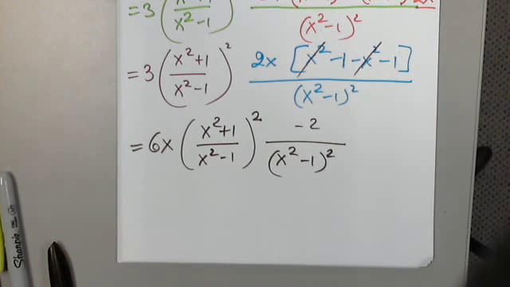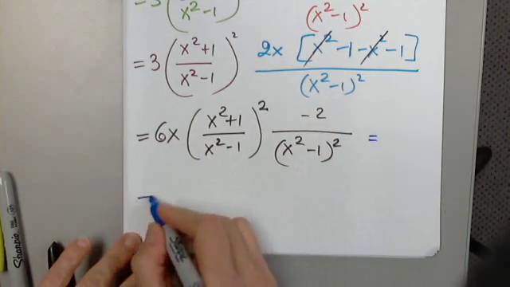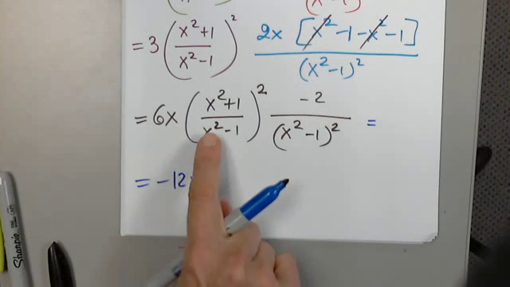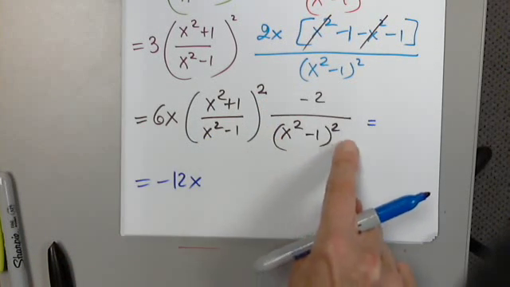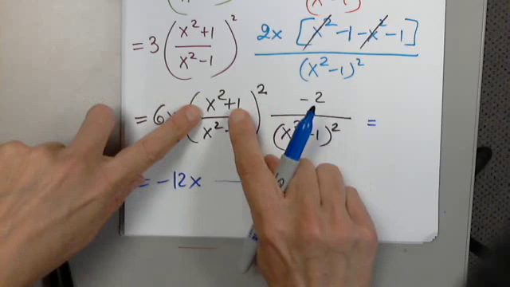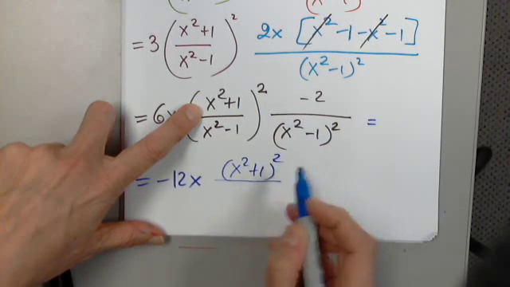If you want, you can rearrange this. Can anyone tell us, other than multiplying 6x by negative 2 and getting negative 12x, what else can I do? Copy the top as x squared plus 1 squared over x squared minus 1 squared.